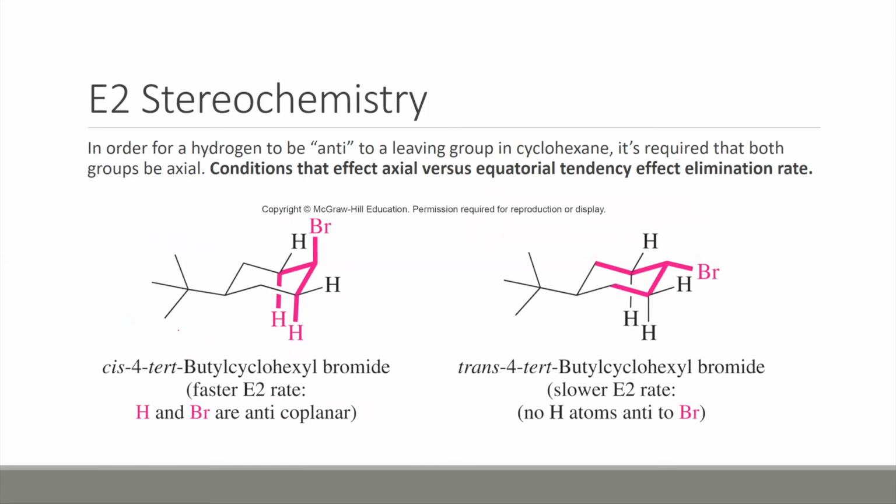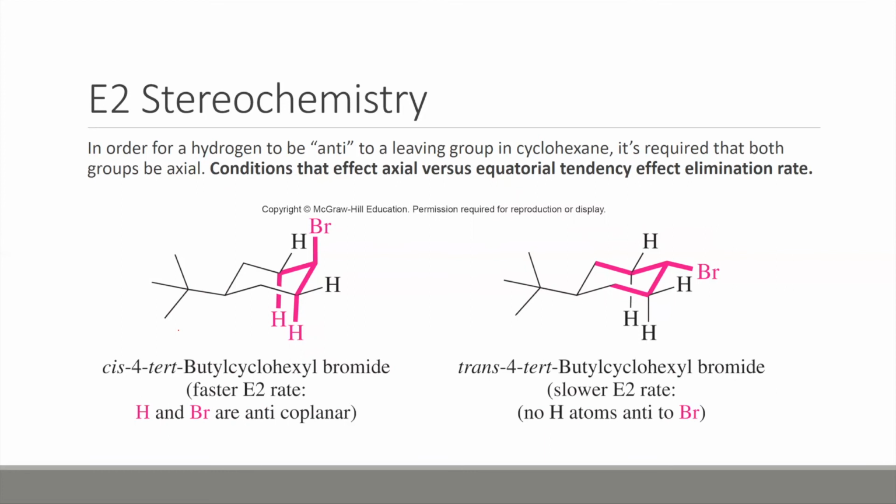Now, cyclohexane rings have a little bit of an extra condition in that in order for the reaction to have an anti-conformation, the groups also have to be axial. So they still can be anti in that one is up and one is down.